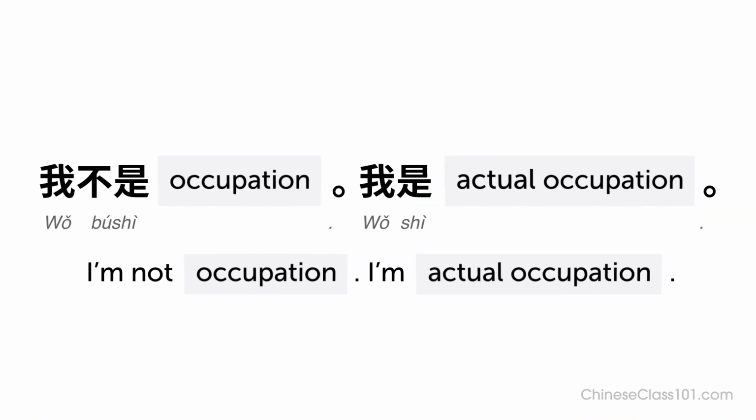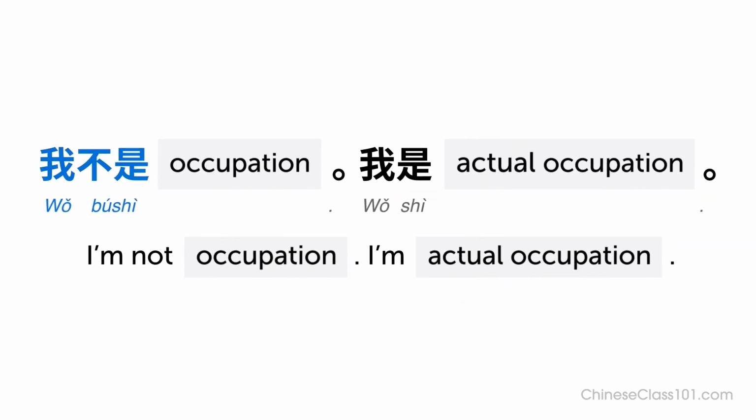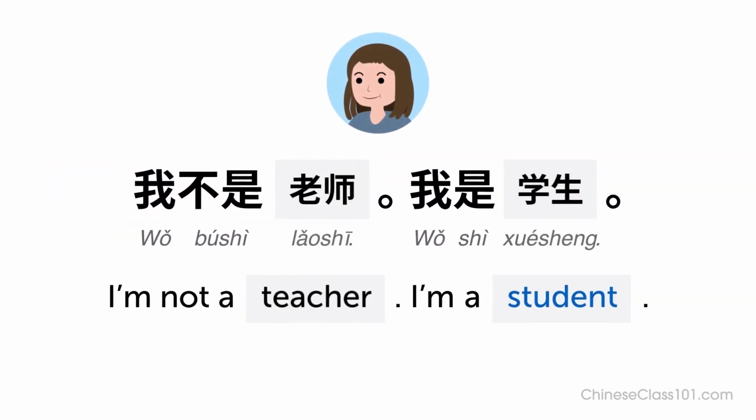The pattern is 我不是, occupation, 我是, actual occupation. I'm not occupation. I'm actual occupation. Imagine you're Emma Liu, a student. 学生. Zheng asks you if you're a teacher. 老师.